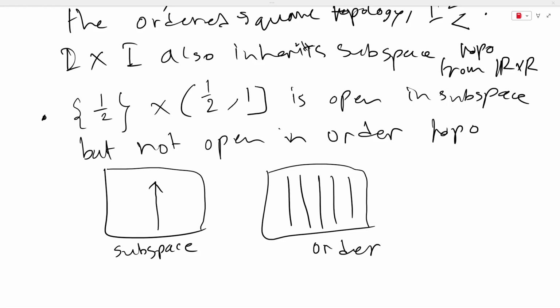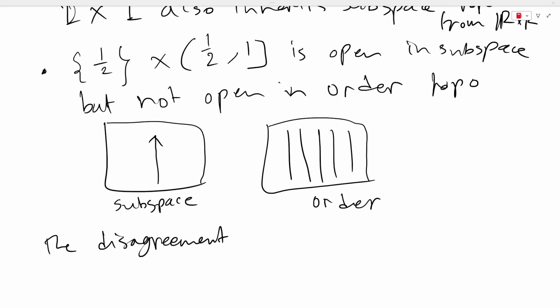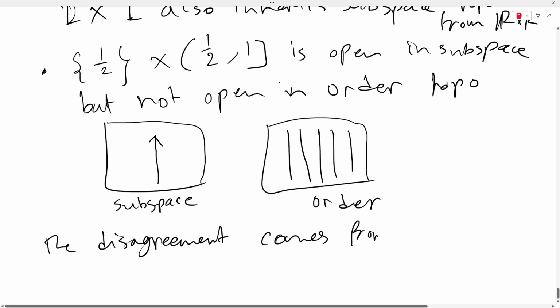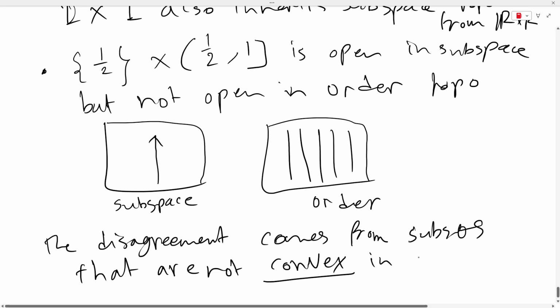The disagreement comes from subsets that are not convex in the ambient order.